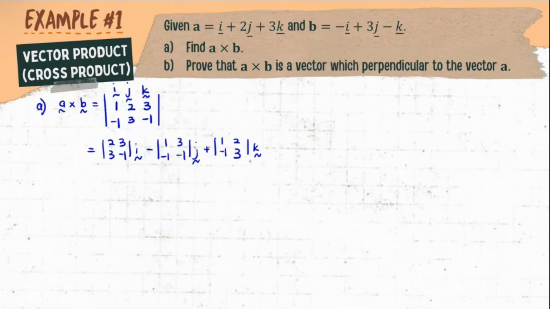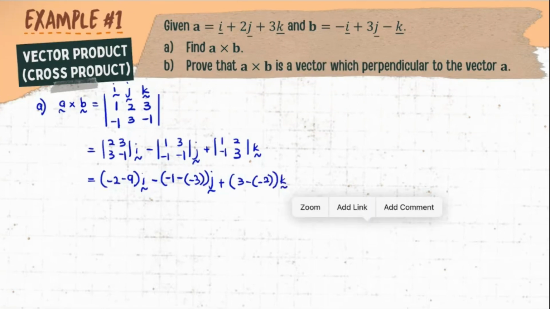Okay, kemudian kita akan kira cara determinant tu lah. So kat sini kita ada 2, negatif 2 tolak 9 I minus negatif 1 tolak negatif 3 J tambah 3 tolak negatif 2 K. Okay, saya tulislah tolak-tolak tapi sebenarnya kita boleh directly tulis kalau negatif-negatif it will be positive kan.